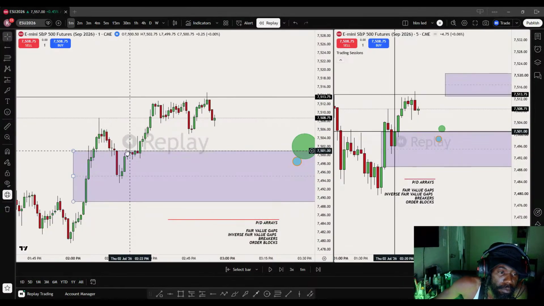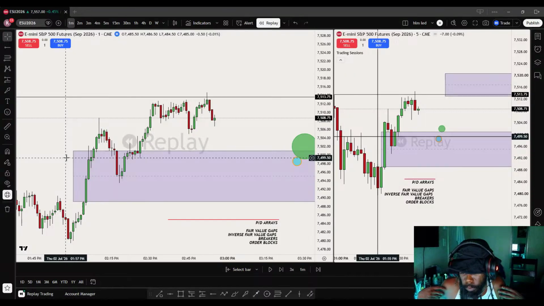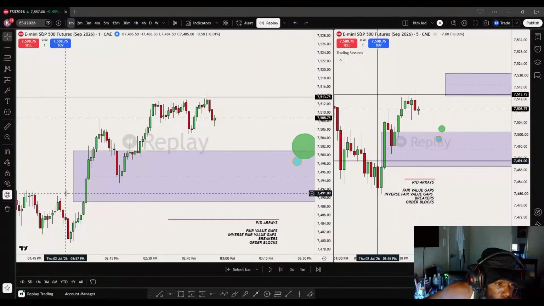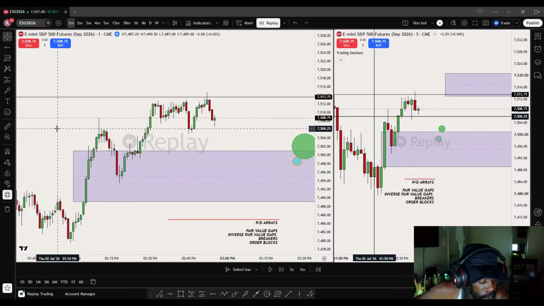If she just wrote down everything I just said, I just gave her the entry model. When we make the fair value gap, we retest it, and then we're leaving it in your direction. I just showed you the example of that.